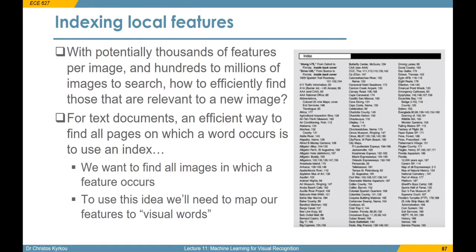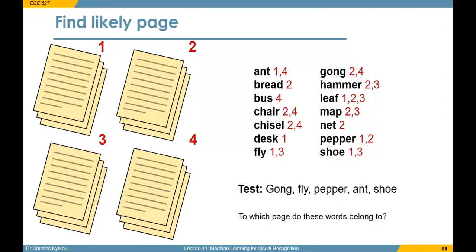Using an index, we want to find in a similar fashion all the images in which one particular feature is visible. And for that, we need to map our features into what is called a visual word.